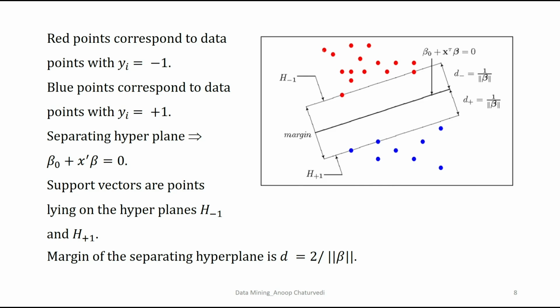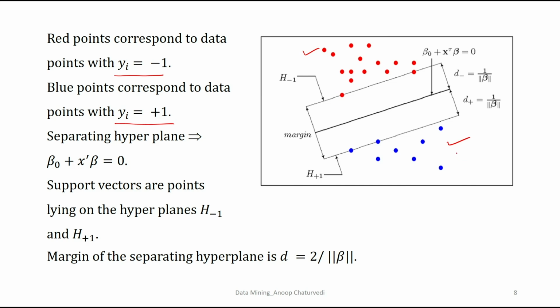Now, we consider this figure. You have these observations and these observations. These red points correspond to data points with yi equal to minus 1, say, and the blue points correspond to the data points with yi equal to plus 1.